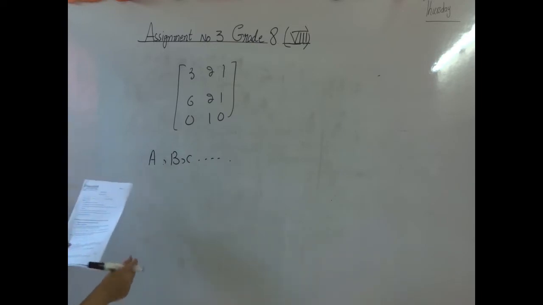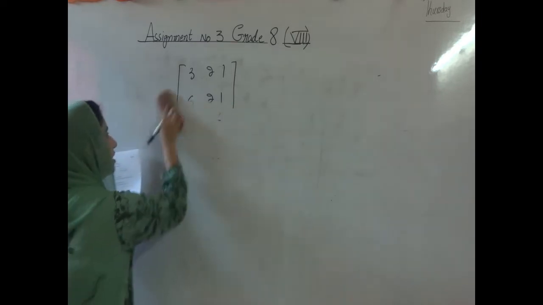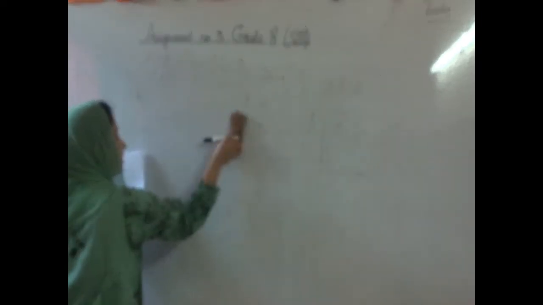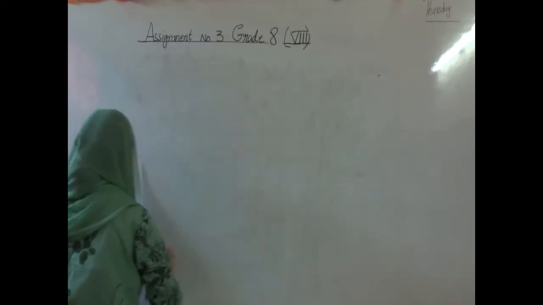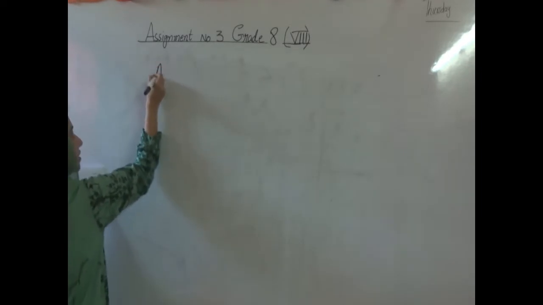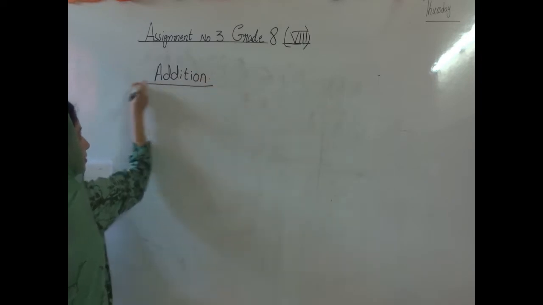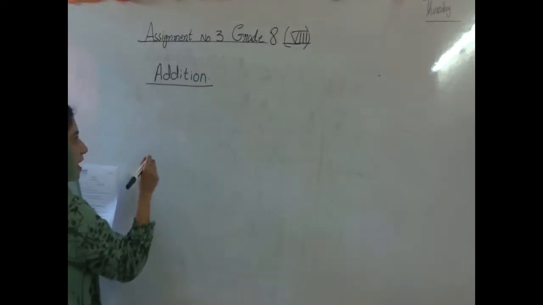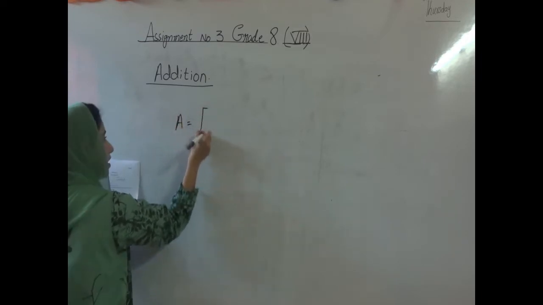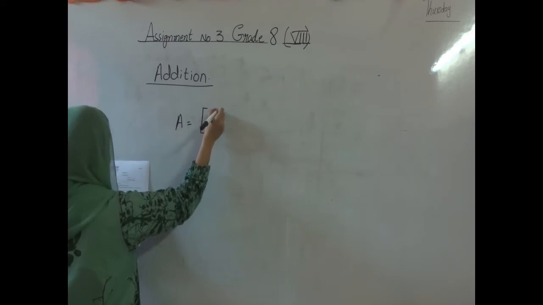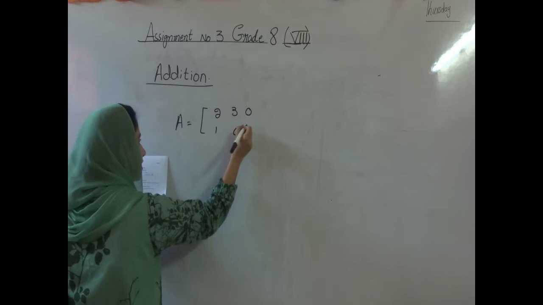Okay, and in this lecture they are saying how we can add and subtract two different matrices. First I will tell you about addition, how we can add two different matrices. So, keep in mind that we can add two matrices if, let's suppose, the matrix A is 2 3 0, 1 0 6.